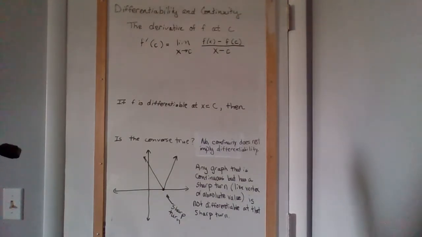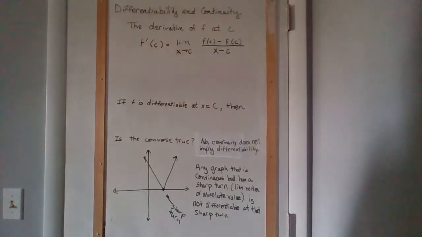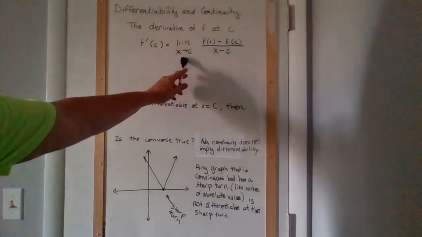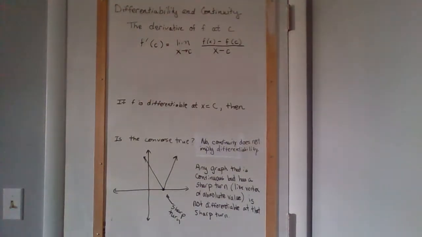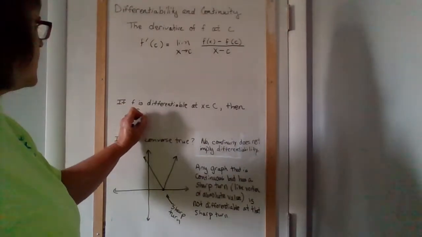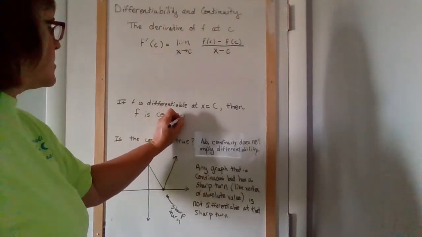But that leads us to talking about what does happen at a particular x value if f is differentiable. So in other words, if this limit exists at x equals c, then we know that f is continuous at x equals c.